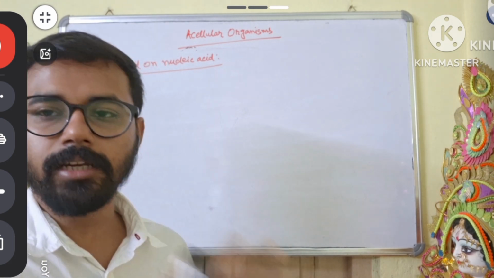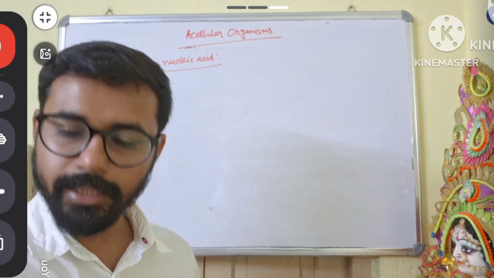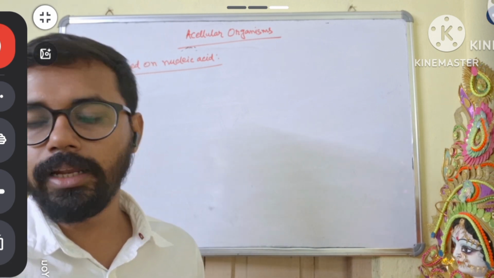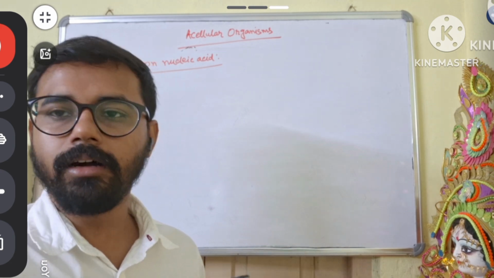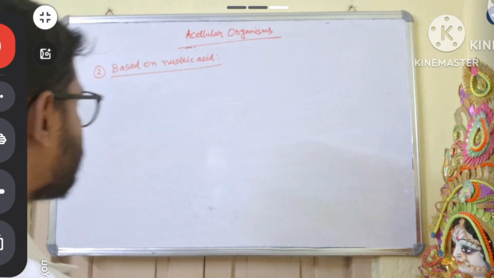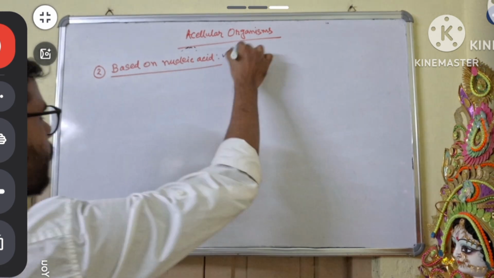The only organisms that contain RNA as genetic material are viruses. So the more meaningful way to classify the virus is based on nucleic acid.